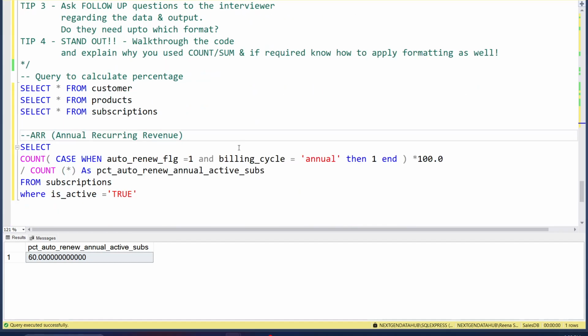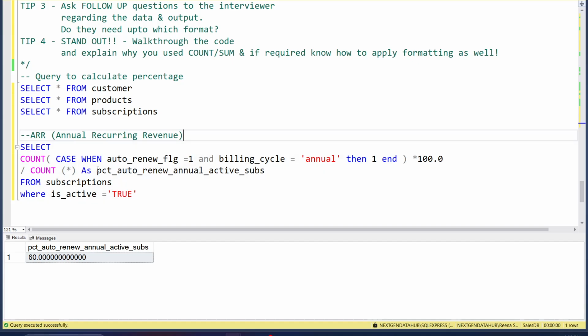If this output is a final table feeding your report, you want to reduce as much formatting as possible in the final report or dashboard. So you should definitely check with them whether they want it up to 2 decimal points or 1 decimal point, and be ready to write the query for that.